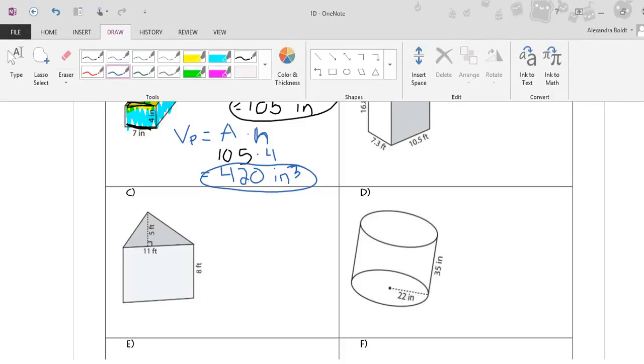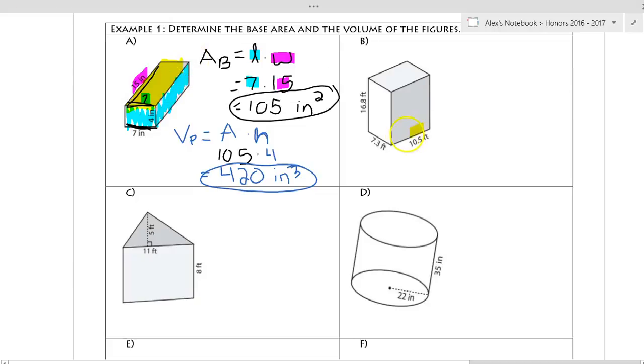All right, let's look at example B. It's the same thing. I have a base down here. Sometimes they don't mark them as well, but this would be a rectangular base down at the bottom, just like it's a rectangle up at the top. So same thing: my area of the base equals length times width.